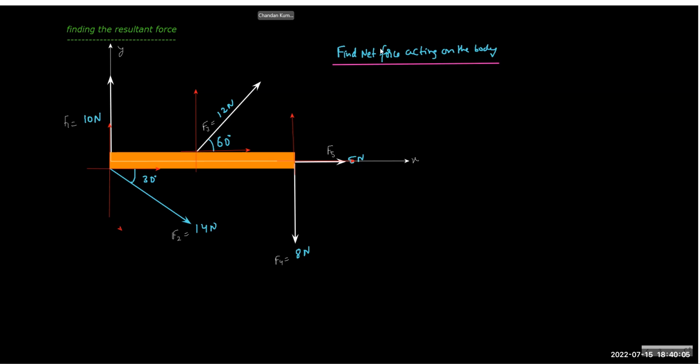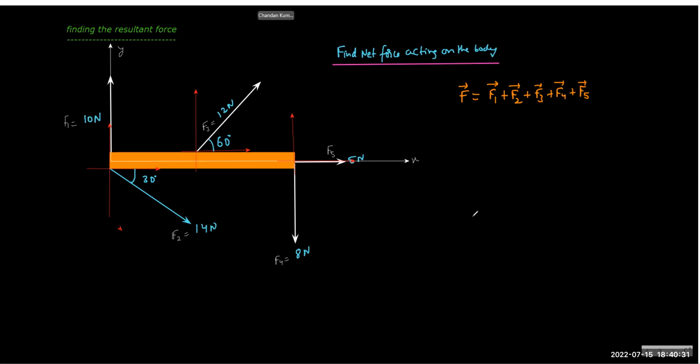So how to find the resultant? Resultant finding is the same as adding all vectors. You don't add scalars, you can add only vectors. F1 vector. So how many vectors do we have? 5 vectors, right?